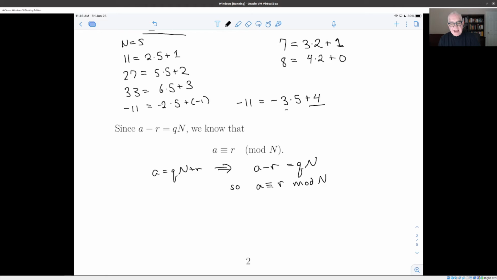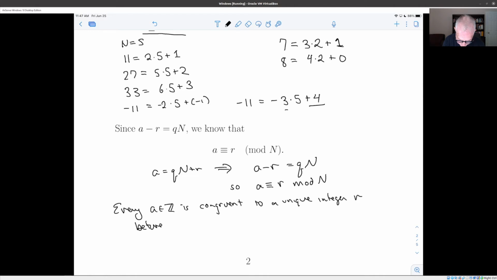In other words, every integer is congruent to a unique integer r between 0 and n minus 1 inclusive.